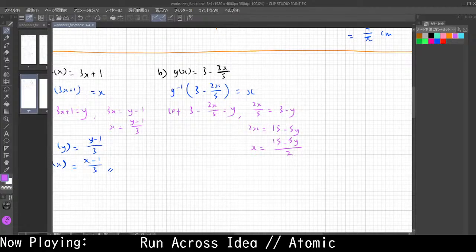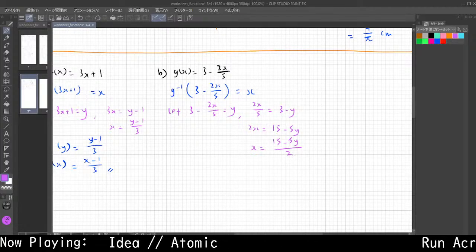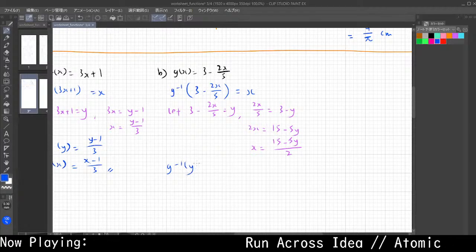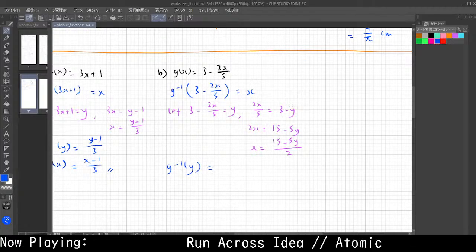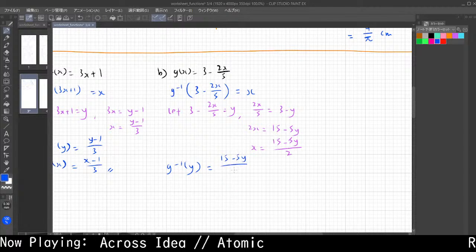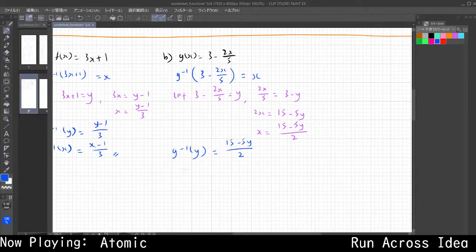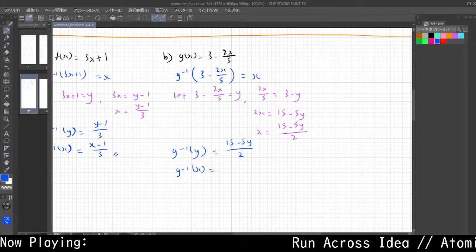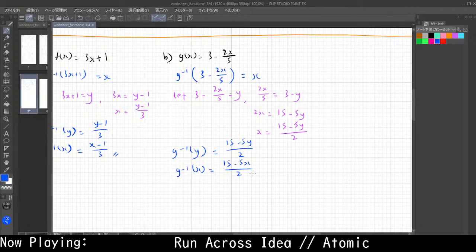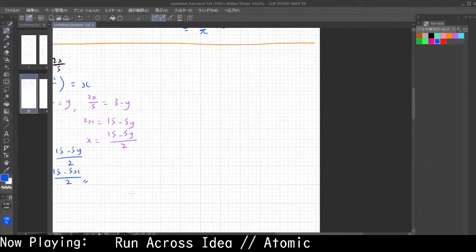You can't simplify, nothing else you can do. This is your answer. So your g inverse y will be equal to x, which is this entire thing: 15 minus 5y over 2. Replace y with x: 15 minus 5x over 2. Nothing else you need to do. This is your answer. Next.